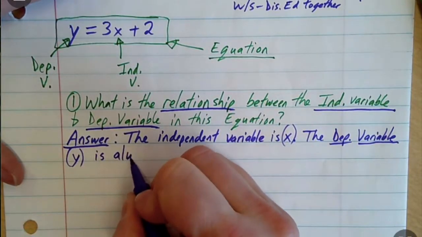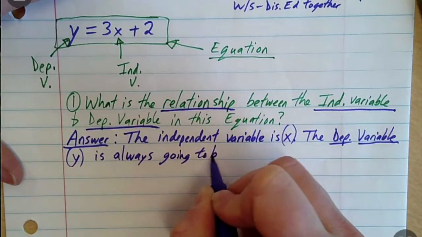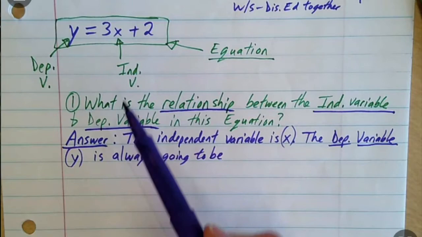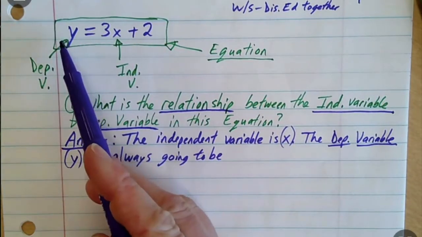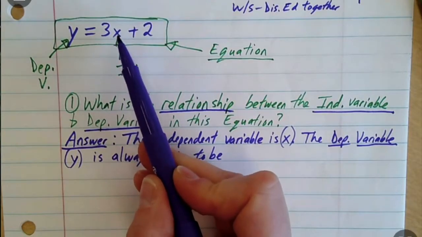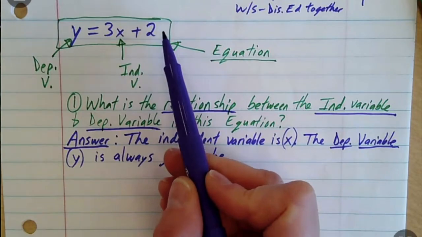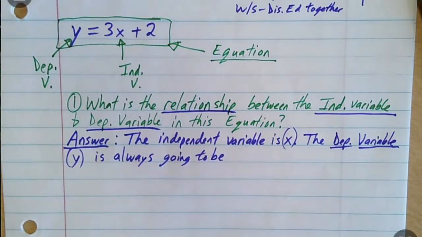The dependent variable y is always going to be, and then here's where you have to use the equation. How is y related to x? It is always going to be 3 times the amount x is, and then you would have to add 2, or say plus 2. So what's a way to write what this is?